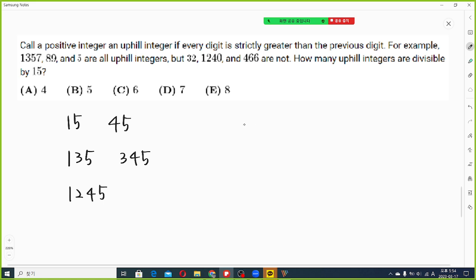To be a multiple of 15, it should be a multiple of 5 and a multiple of 3. And to be a multiple of 3, the sum of the digits should be a multiple of 3. So 1, 4, 7.